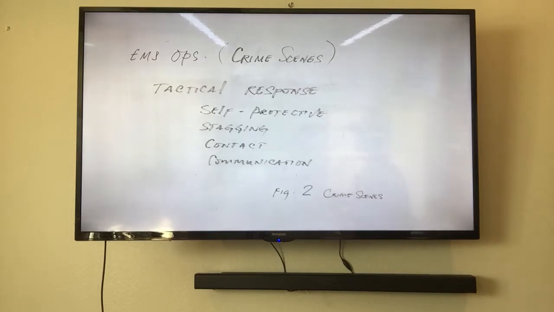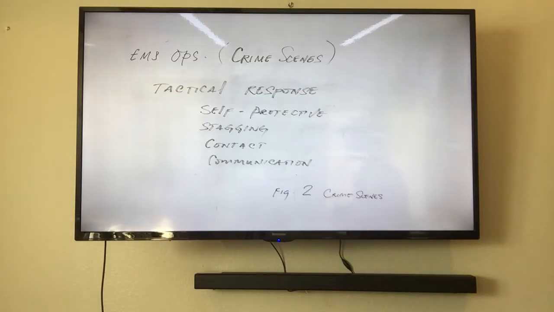Once we get on scene, we need to make sure that we link up with our incident commanders or the reporting party to then determine what additional resources are required in this tactical response.